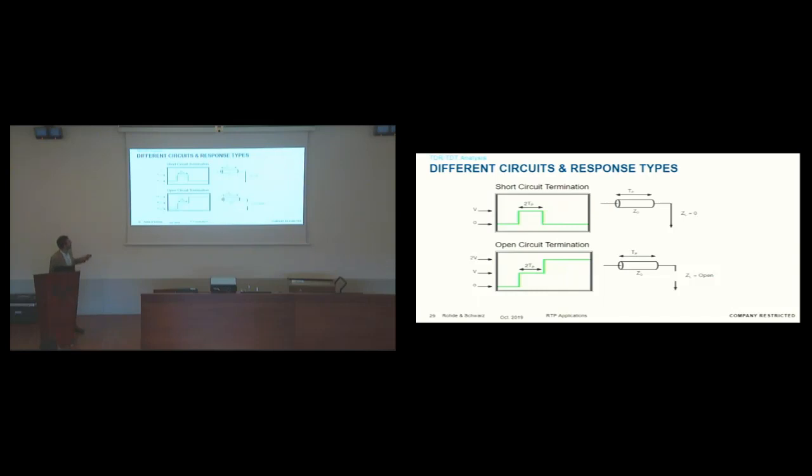So for instance, when we have a short, as I told you, as long as we don't have loss, we have the full wave reflected, but with inverse polarity. So in the end, we have the original step, that is the incident wave, and then it comes back completely reflected, but with the polarity inverse. So in the end, we have again 0 volts. In case of an open, we have the same wave reflected, but with the same polarity. So we get in the end double the voltage of the original signal.